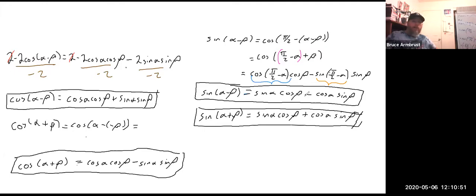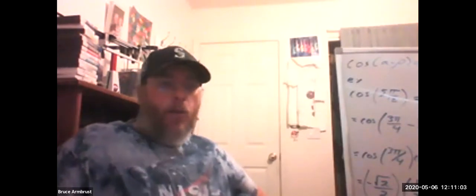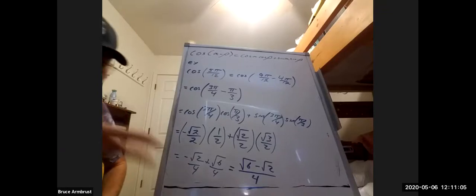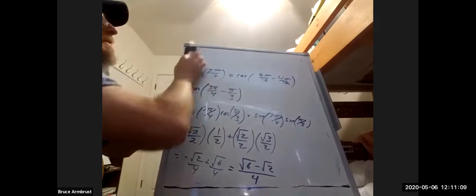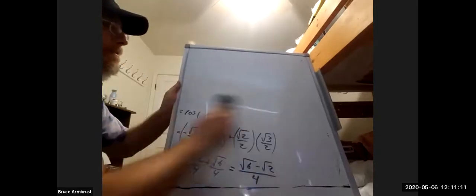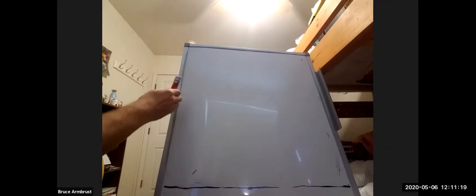All right, well, let me go to the physical whiteboard because I want to do another example here. I want to save this stuff for later. So let's try this problem. Here's what I'm going to tell you. I'm not going to tell you what the angles actually are, but I'm going to give you some information about them.